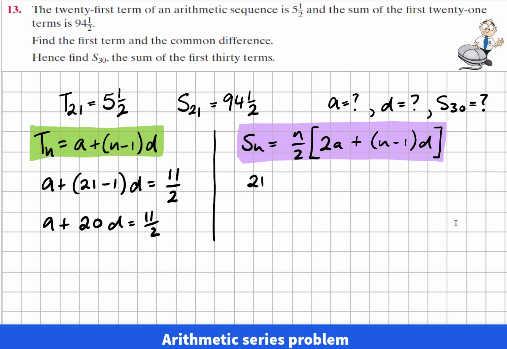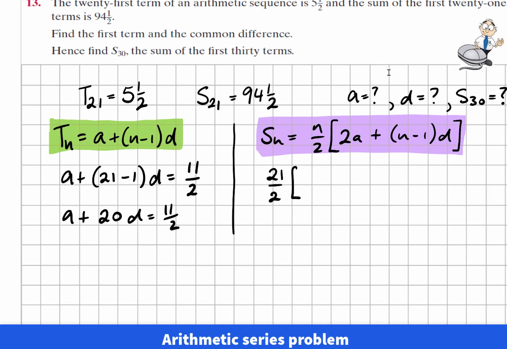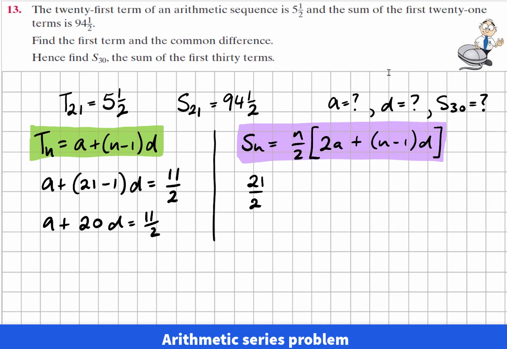In other words, 21 over 2 times 2 times a plus 21 minus 1 times d is all equal to 94.5.